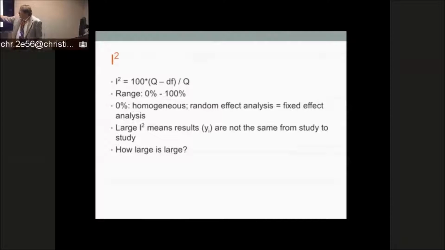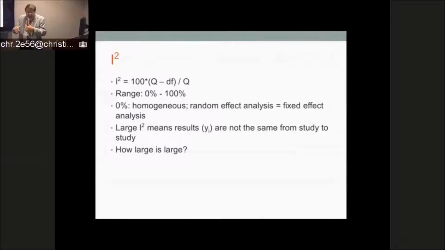The I-squared statistic is just making a percentage out of the Q statistic minus the degrees of freedom, divided by the statistic itself. So obviously this is going to range from 0 to 100%. It's an index of how much heterogeneity you have between the studies that you're trying to combine. If this is 0, then the studies are homogeneous.